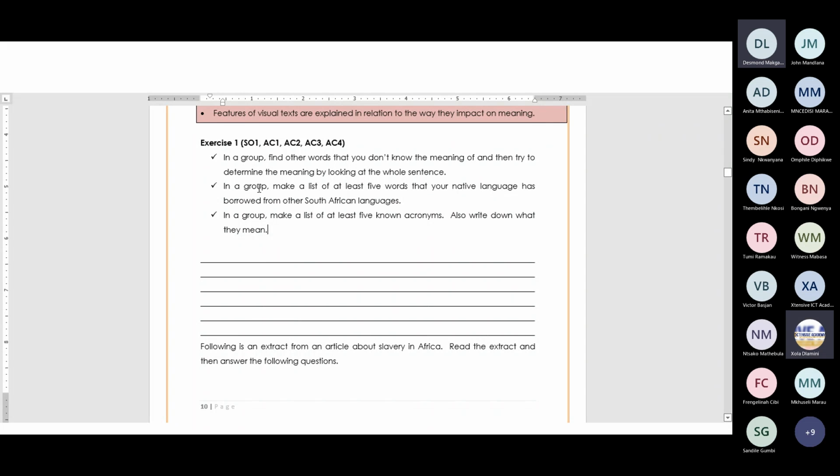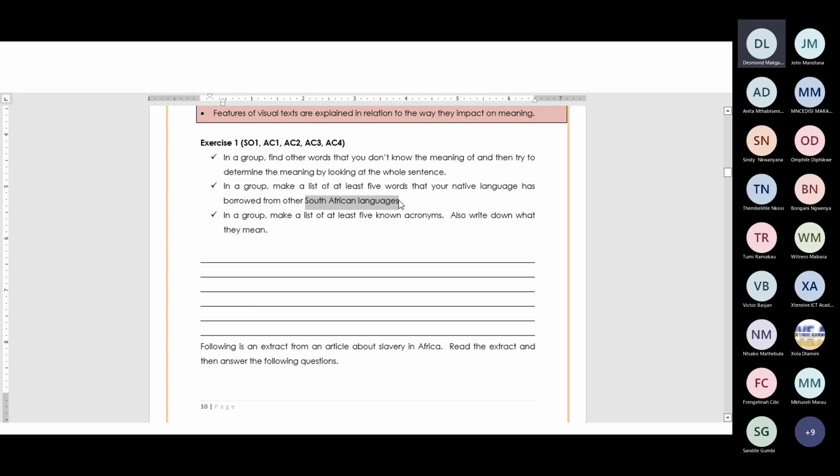So you then have to give us 5 sentences there in the same way that we're doing today in class. And you've got to give us your responses there. We've done this one where we spoke about borrowed terms or words. The trick here, colleagues, please note, is from other South African languages. I hope I'm making sense.